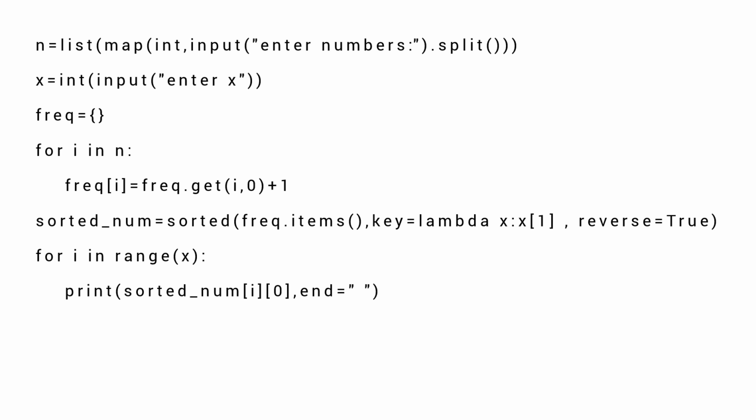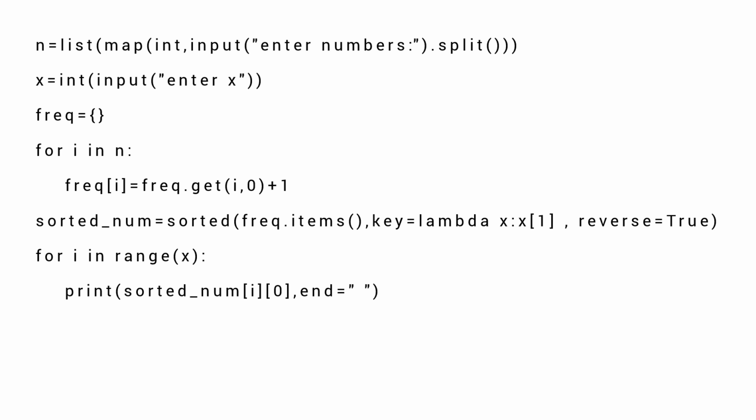If you take x of 0, it will take only keys. So I want how many times it is repeated, I want values. So I took x of 1, and reverse is True, because if you use sorted only without reverse, it will sort in ascending order. So I want it in descending order, so I use reverse equal to True.